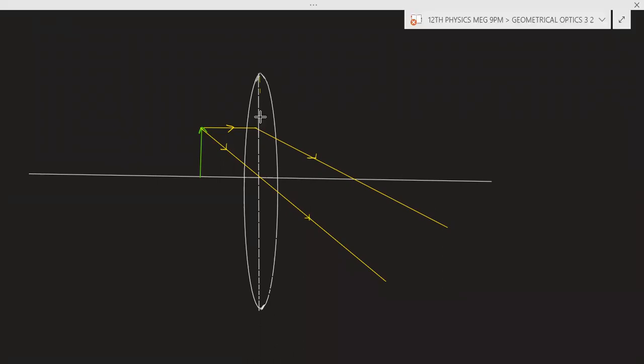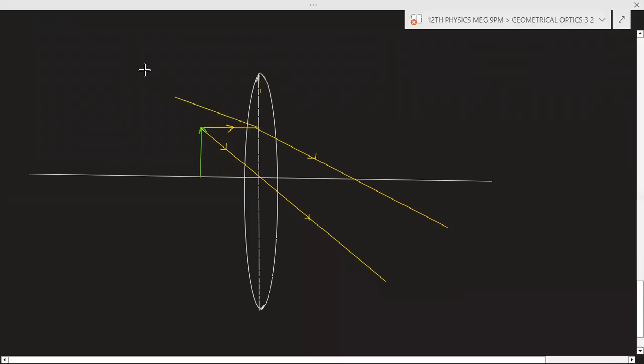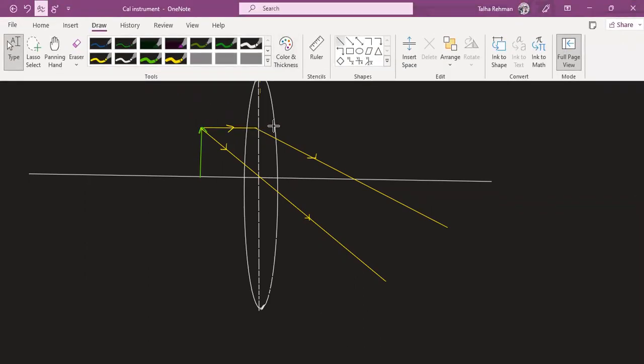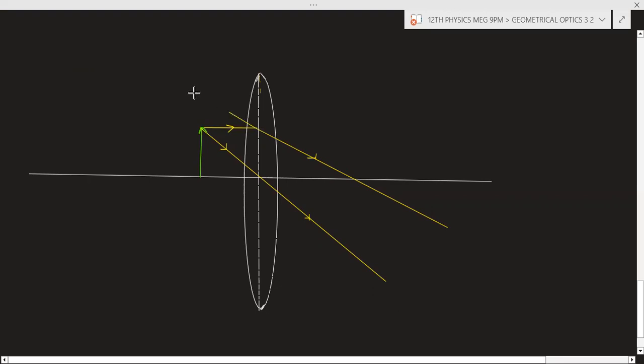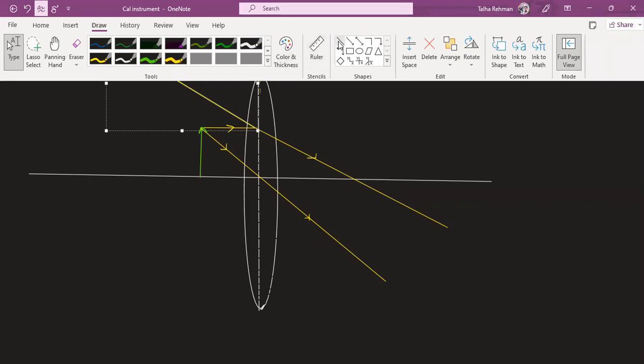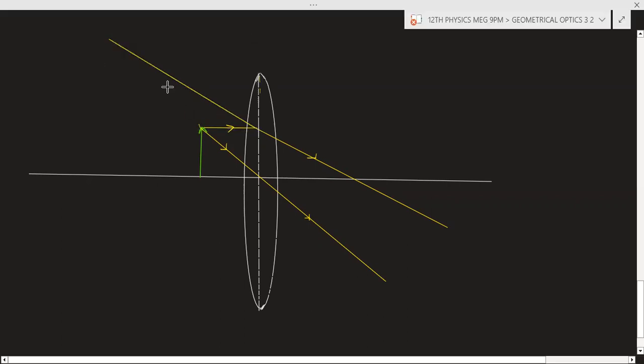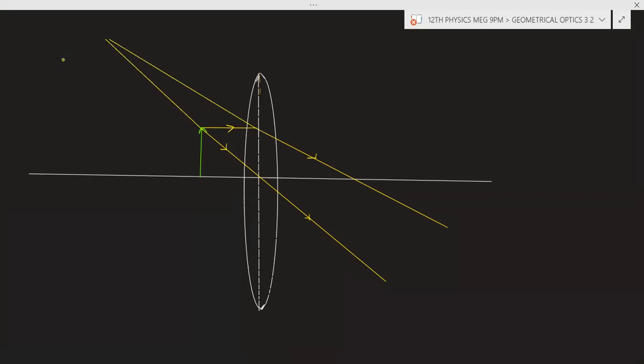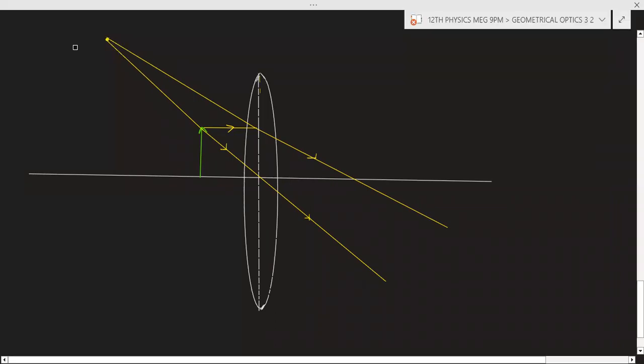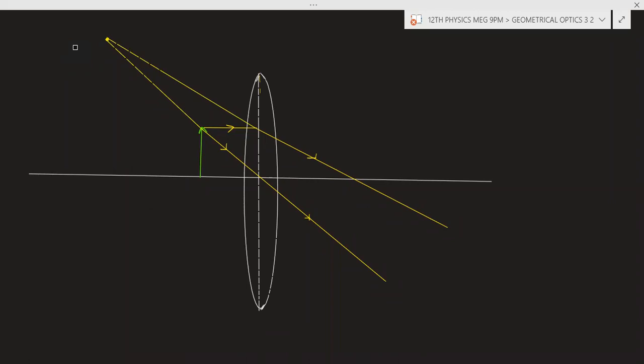So what we will do, we will produce these diverging rays in the backward direction, like this. And where these diverging rays meet, there will be the image. So somewhere here these rays will meet, and finally we will get the image here. So these are the produced rays.